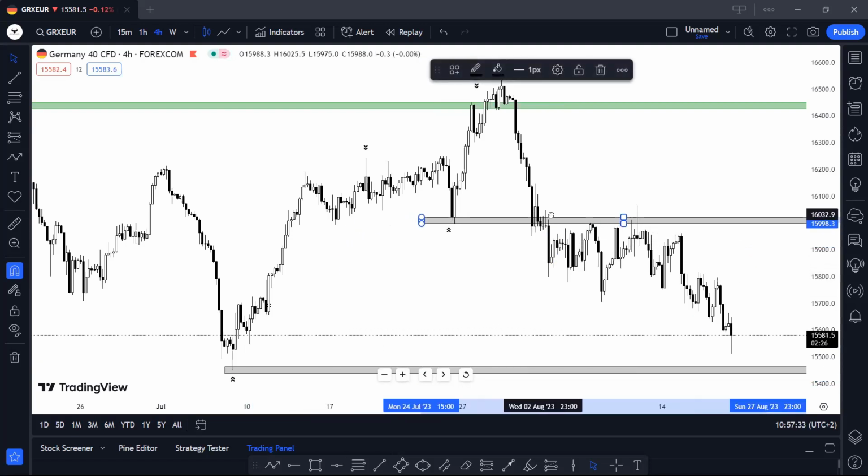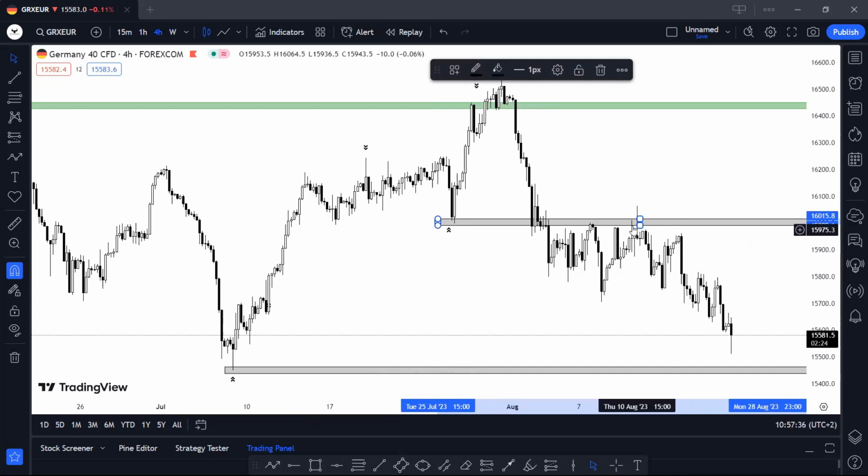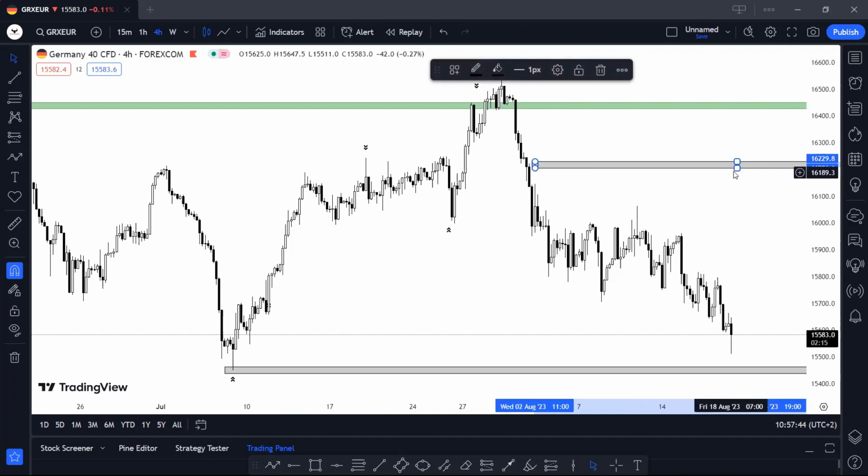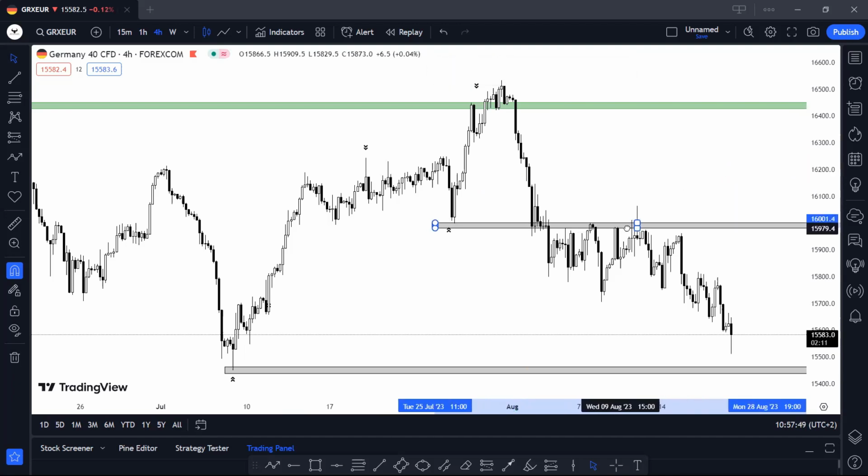Can be sure to highlight. Okay, my bad. Just want to make sure that it's a bit smaller. And right there.